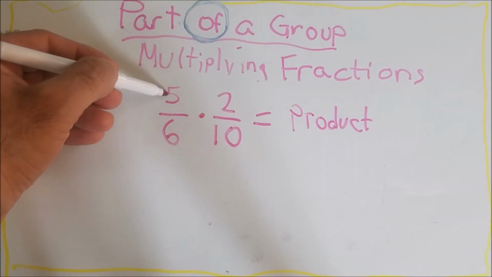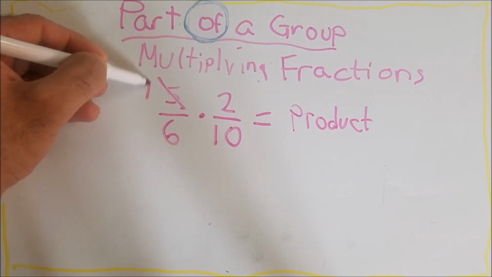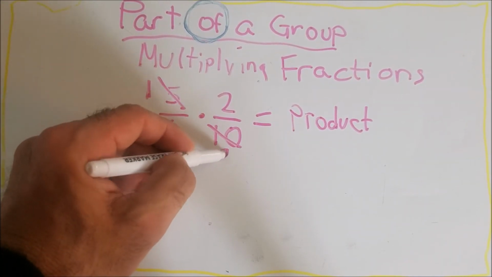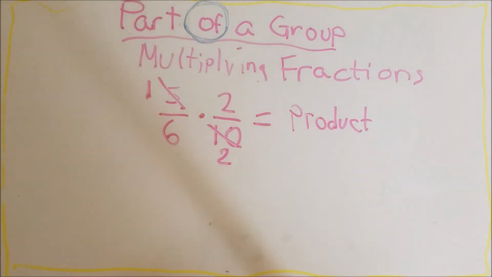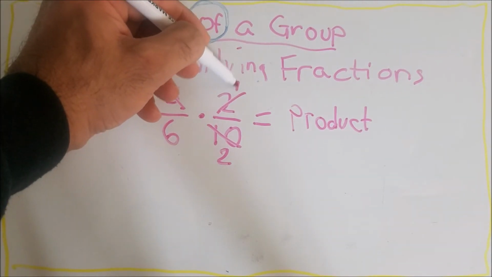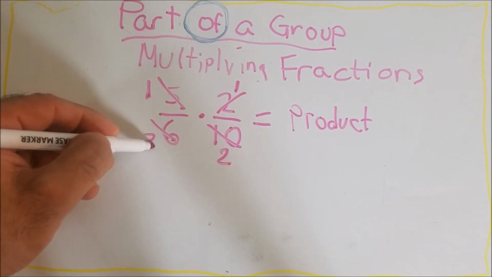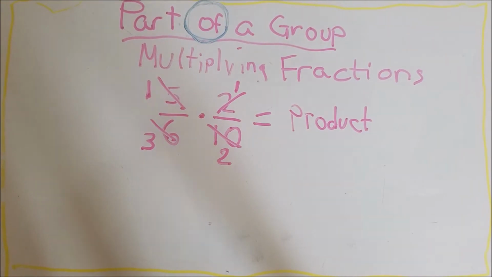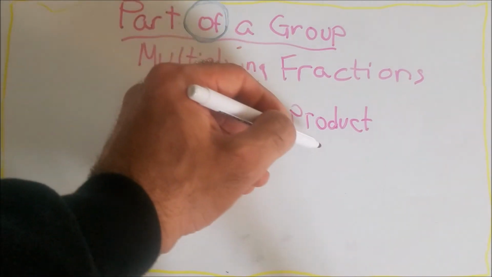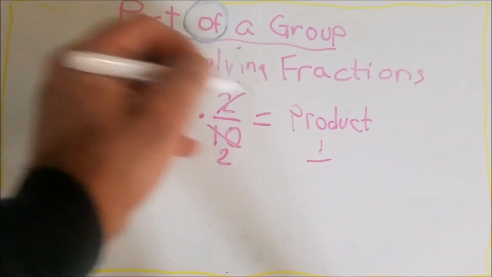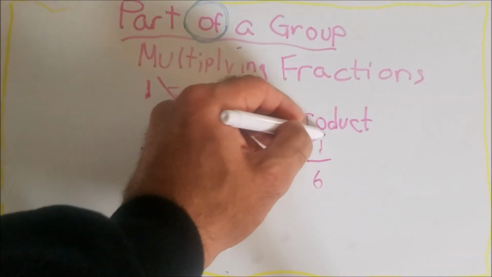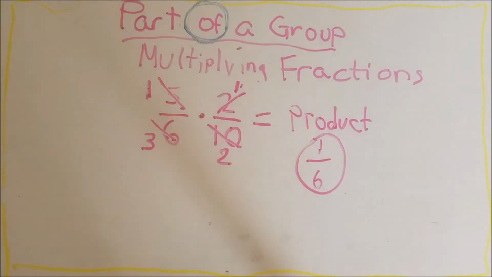So 5 goes into 5 once, 5 goes into 10 twice. 2 goes into 2 once, and 2 goes into 6 3 times. And if you multiply this, 1 times 1 is 1. We'll put it down here. And 3 times 2 is 6, and that's our answer, 1/6.